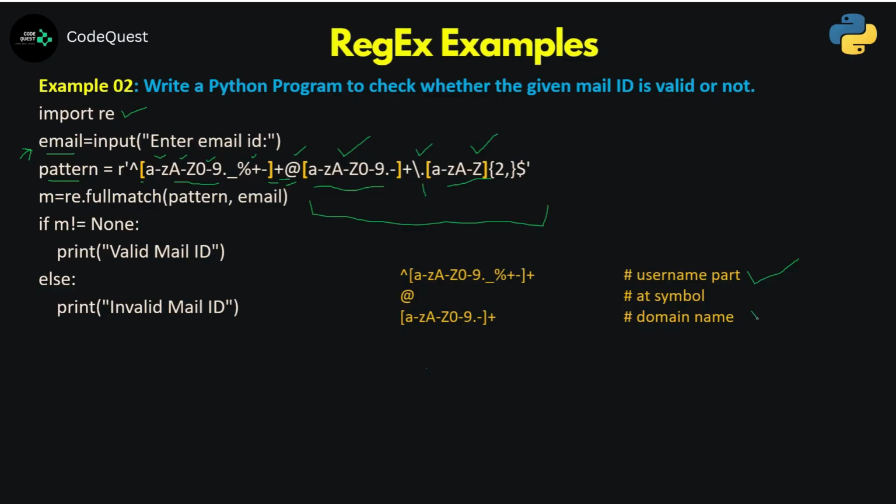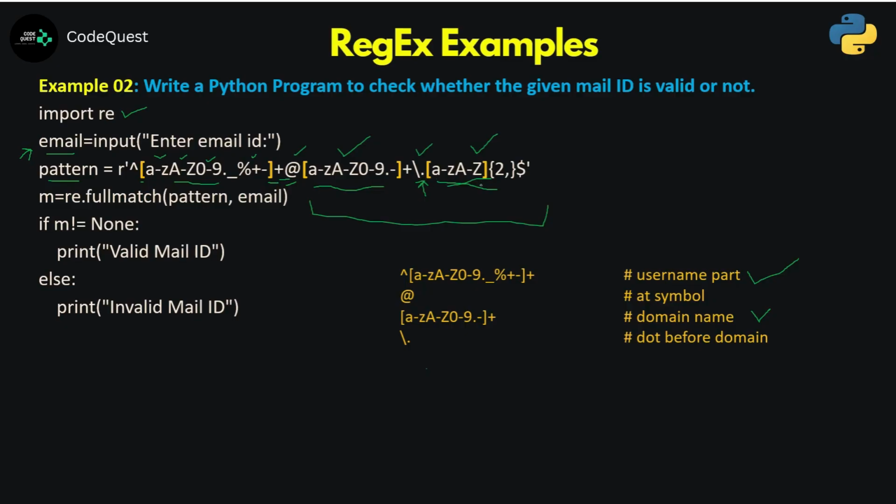Now once the domain name is done, as I said there is a mandatory dot. So we are just making sure that there is a dot available after this. And coming to the last one, before this top level domain, we have the dot required, and we have done it with the help of this slash followed by dot. Okay, it indicates that before this appears, the dot must appear.